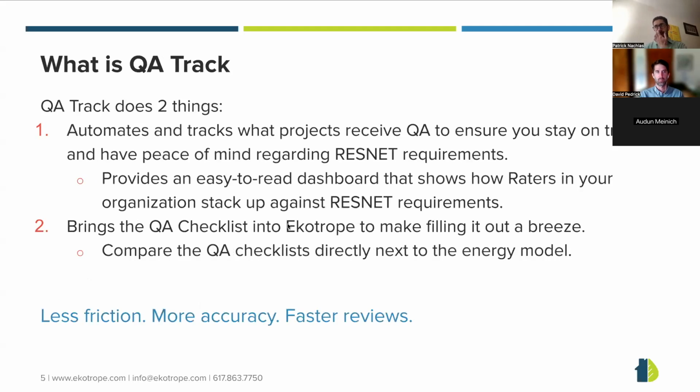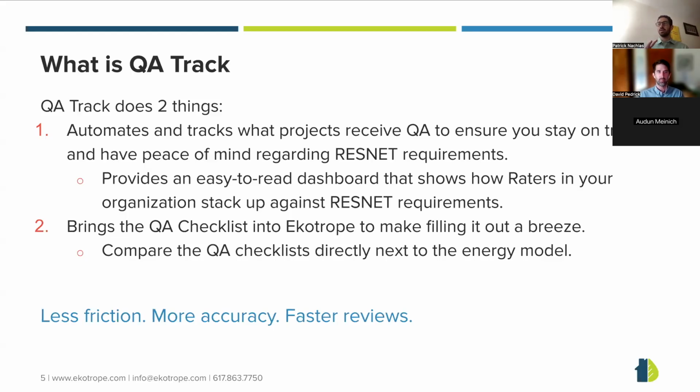To drill down a little bit, what is QA Track? Fundamentally, it does two things. It automates the tracking of what projects need to have QA done and ensures that you stay on pace with your ResNet requirements and gives you peace of mind that you'll come to the end of the year or the end of the quarter and be in compliance with the ResNet rules. That's one goal.